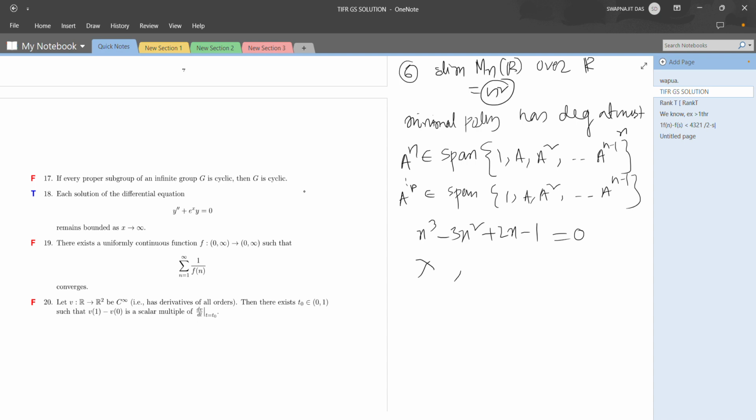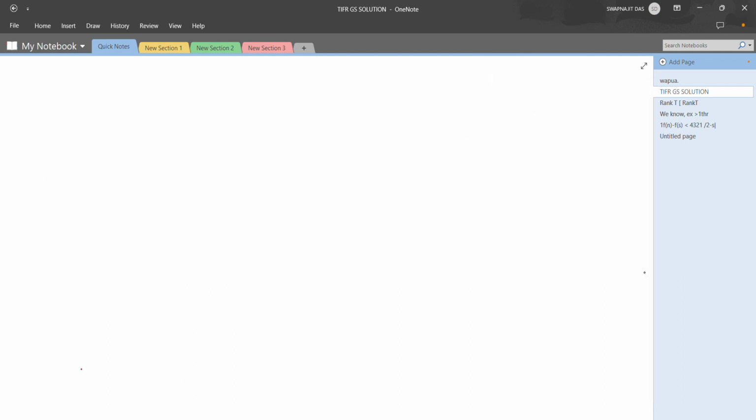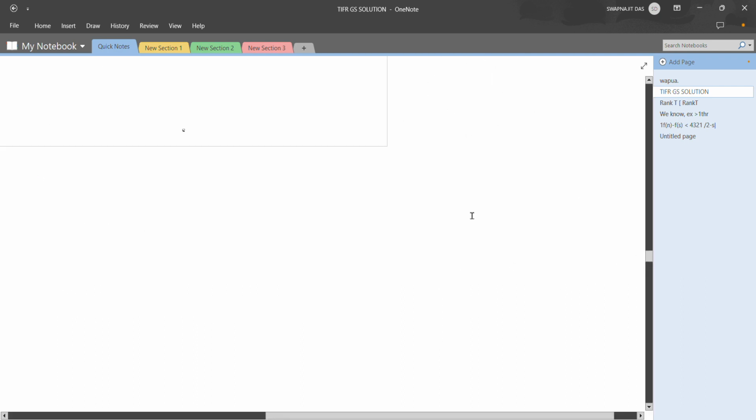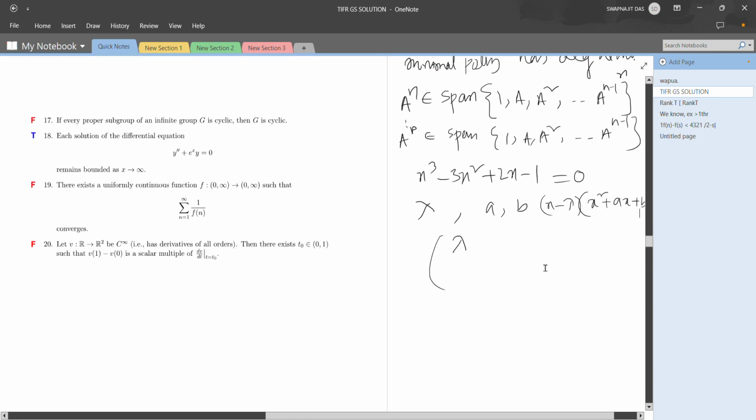Let lambda be a real eigenvalue, and I'm not interested in the other eigenvalues. If you divide x cube minus 3x square plus 2x minus 1 by x minus lambda, you will get x minus lambda times, say, some x square plus ax plus b.